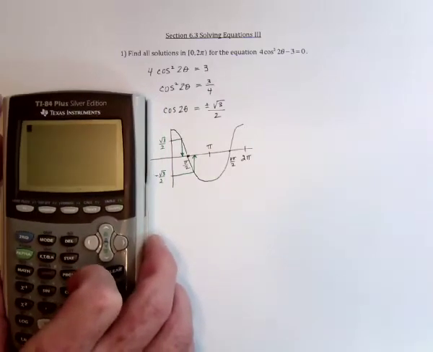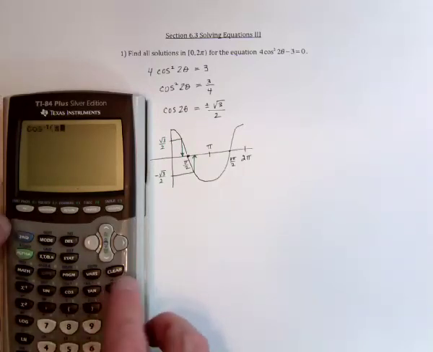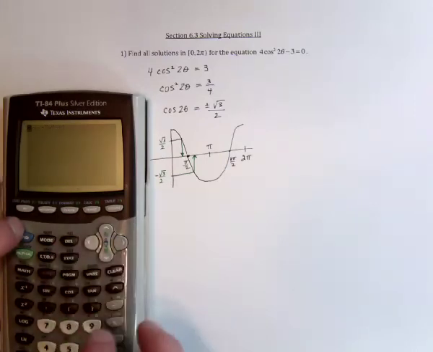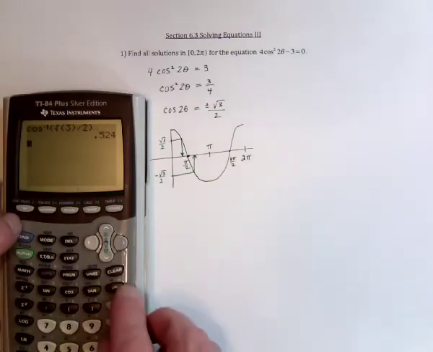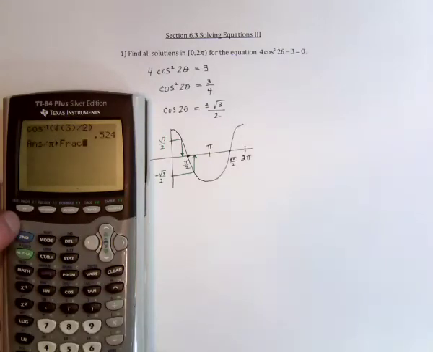And so we've got cosine inverse of the square root of 3 divided by 2. That looks like, well, let's see, divide by pi, change to a fraction, is pi over 6.